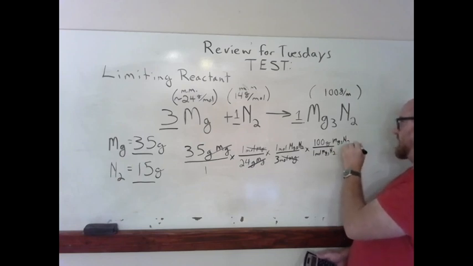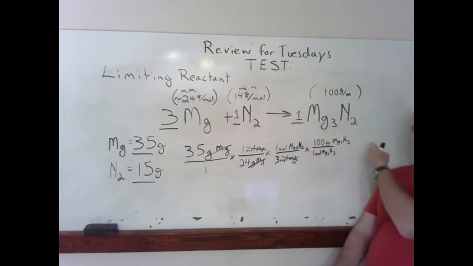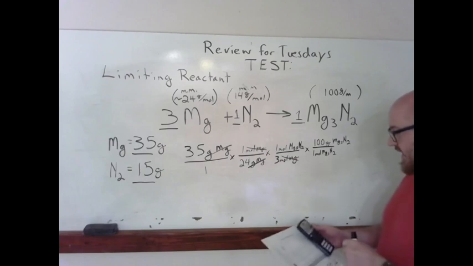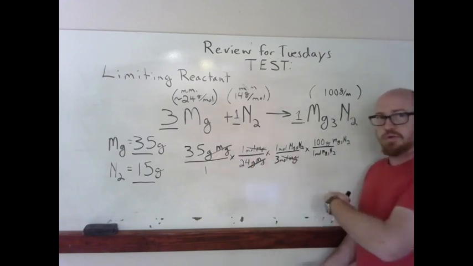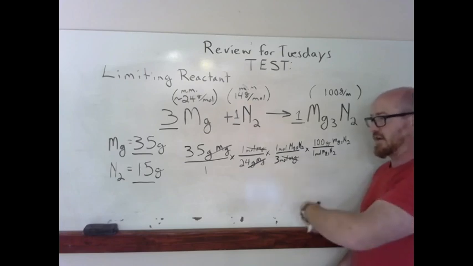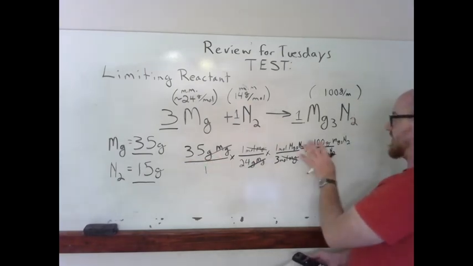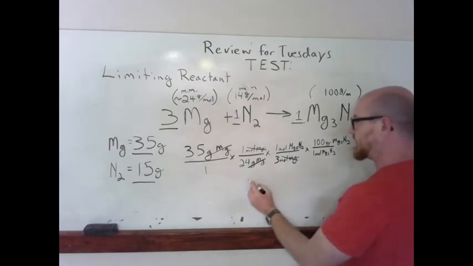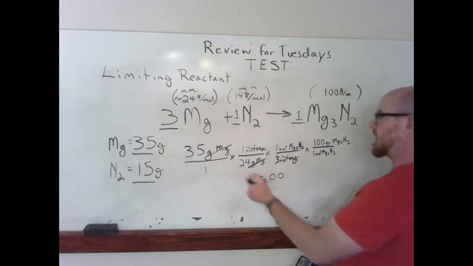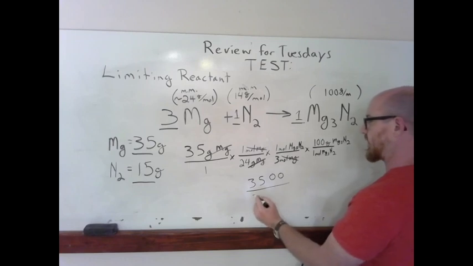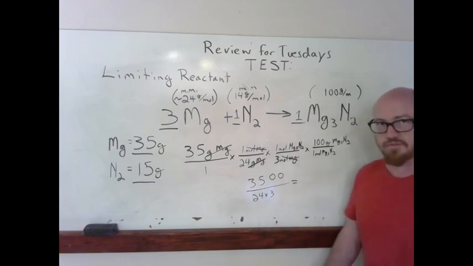Whoops, that's a 2. I'm writing small so I don't run off my board over here. Now you can go back and complete the stoichiometry. By that, I mean the calculation. So we've got 35 times 100 gives us 3,500. Now we divide that by 24 times 3. That will give us our final answer.